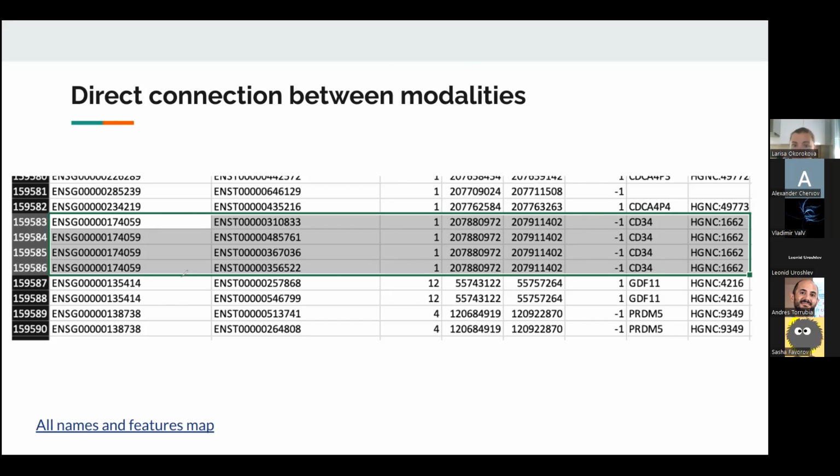This connection is quite strong, so we can assume that the CD34 gene will not be located in other parts of the genome most of the time. There are some exceptions, but I will not talk about them right now.